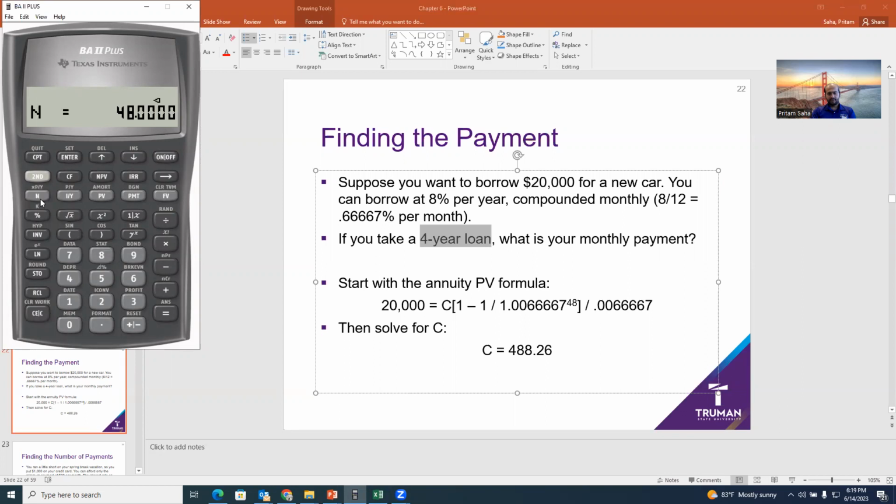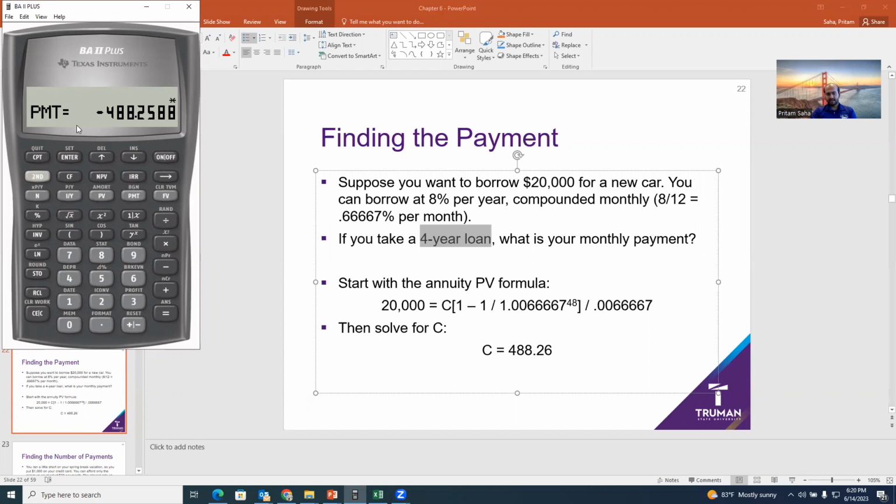N is 48. The rate is 0.66667. Present value 20,000. I'm borrowing it, that means I'm getting the cash, positive. Future value 0. Compute payment: 488.25.